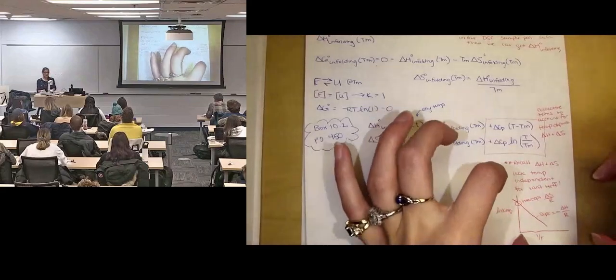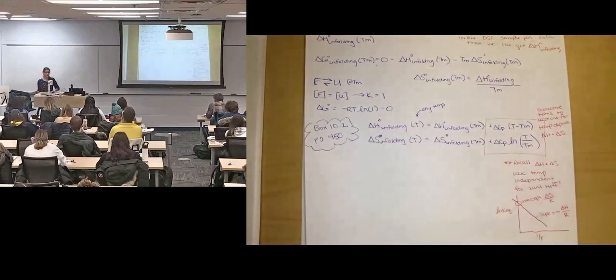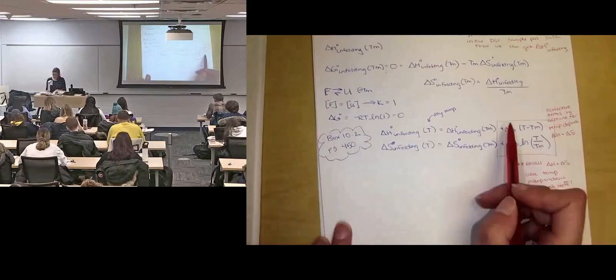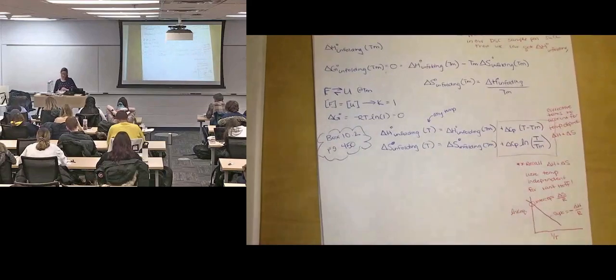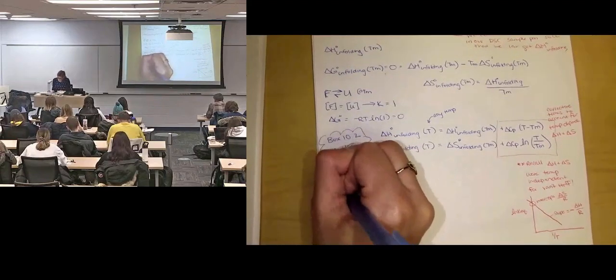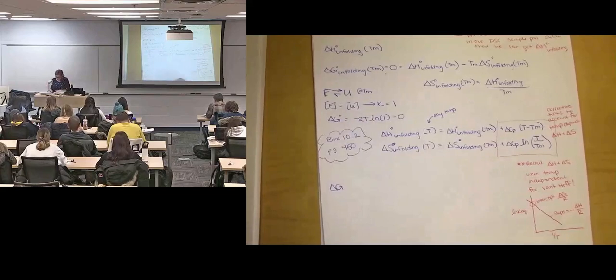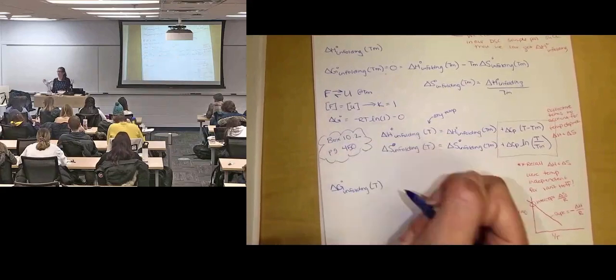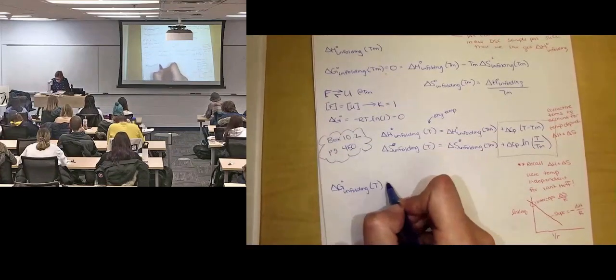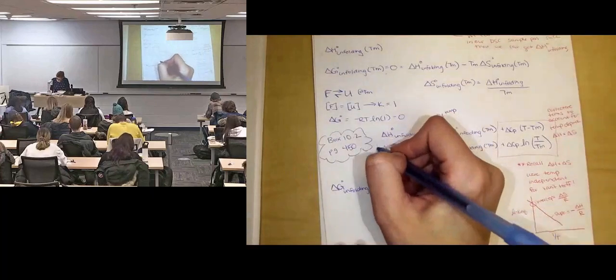Van't Hoff assumes delta S and delta H don't change with temp. The reality is they do. And so these are kind of corrective terms we need to actually adjust for the temperature dependence of these things. So finally, the one I care about most: what is the free energy of unfolding at any temperature of interest to me? This is this whole piece. I'm too lazy to write them in, my apologies.